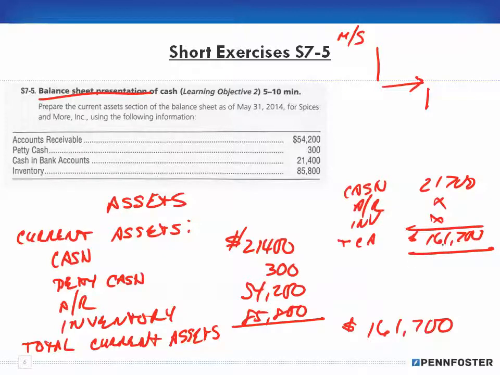And notice that they draw one underline underneath it, okay? Not a double underline, all right? Remember, a double underline means that's the end of a calculation. That's a final number. A single underline represents part of a calculation. Now, why they would put an underline there, I don't know, because you're not adding 161,700 to itself.